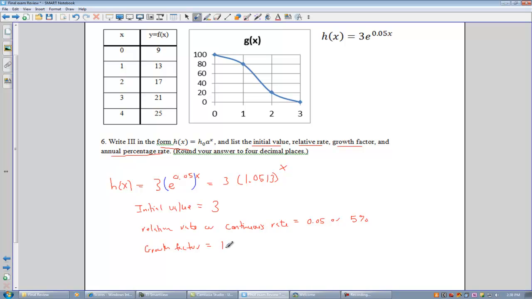And so this one would be 1.0513. And then this also gives you the annual percentage rate. What it would be equal to is you ignore the 1 in a sense. The 1 stands for the whole part, and this is actually the percentage growth rate right here. So our annual percentage rate is actually 5.13%.